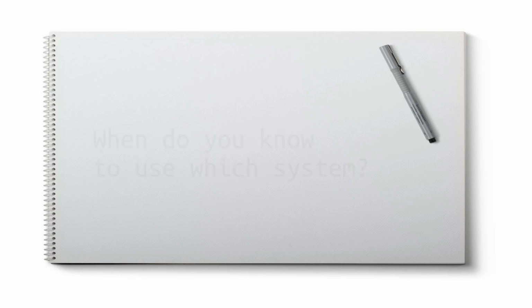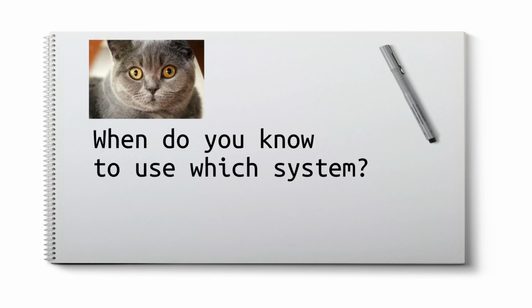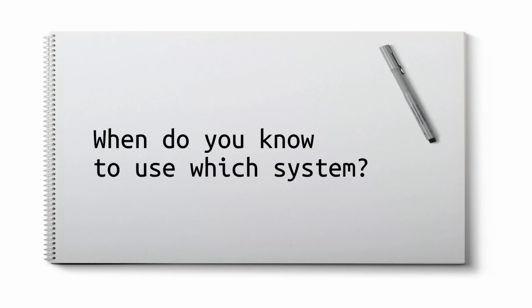So here is the question that you may have. When do you know to use which system? Since Korean numbers can handle smaller numbers compared to the Chinese system, generally speaking, the Korean system is used when you count smaller things, and you use the Chinese system for the nouns that are counted high.